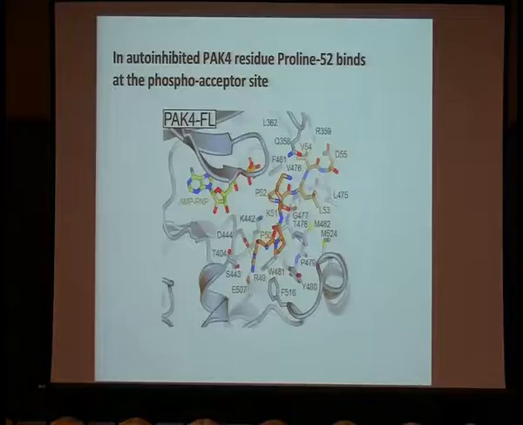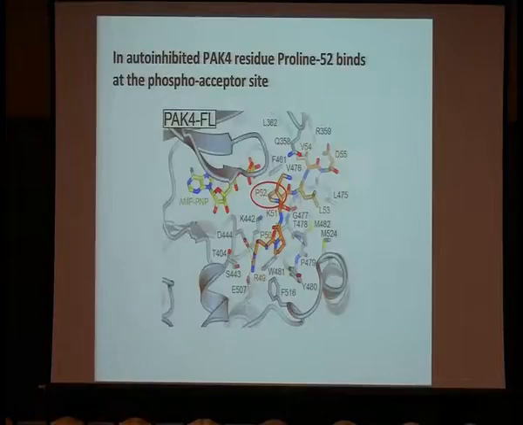When we look at the crystal structures, there's a peptide that's bound in the substrate binding site, and this region is where the kinase recognizes its downstream substrates and phosphorylates them. There's a proline here. Proline 52 is sat right at the site of phosphoacceptance.